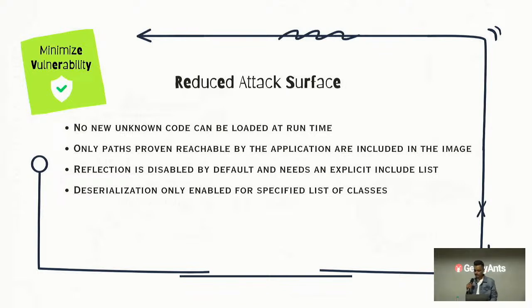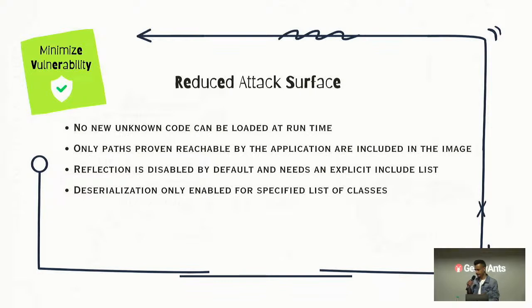So only paths proven reachable by the application are included. As I told, it performs a reachability test, so it checks which code is reachable. If any unused code is there which might create a security risk for your application, it will just remove it, and it will not allow anyone to reach that particular point either.